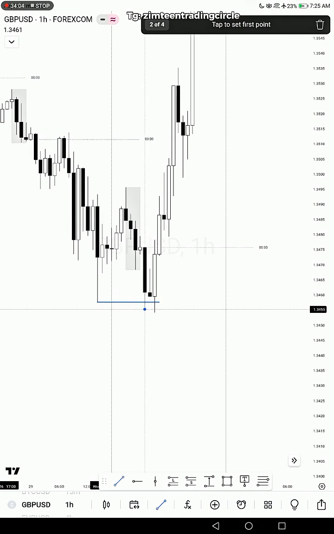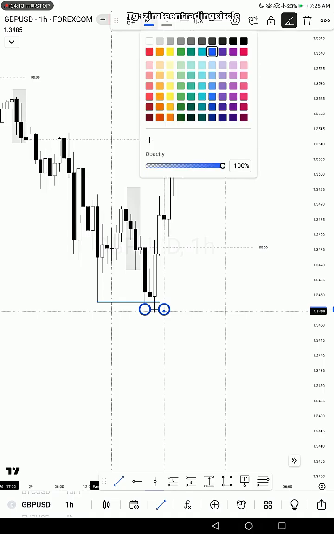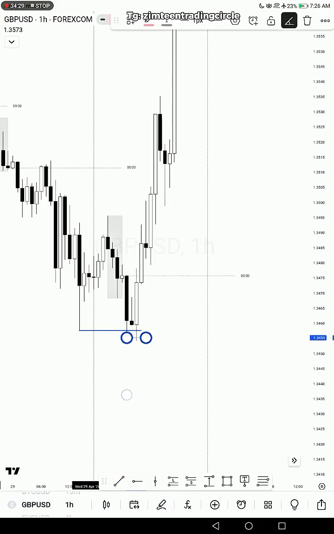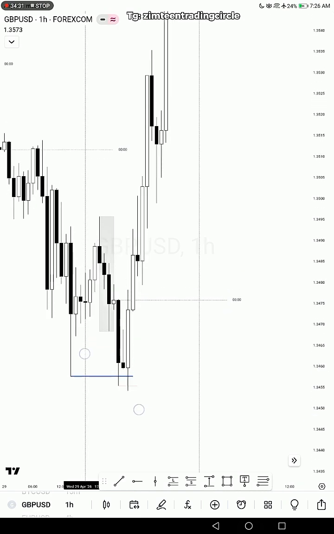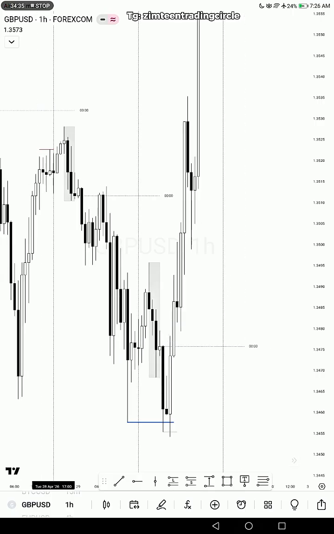A slight turtle soup happened right here, which took me out, but I re-entered this trade. Yes, I can remember clearly. You can go to my Telegram channel to look for it. So I re-entered this trade, turtle soup. There's liquidity sweep, and remember, our Wednesday's high is our first draw on liquidity.